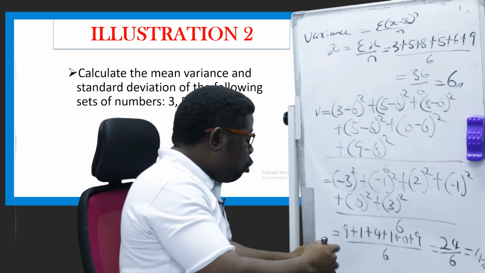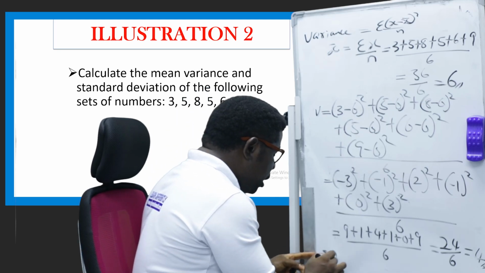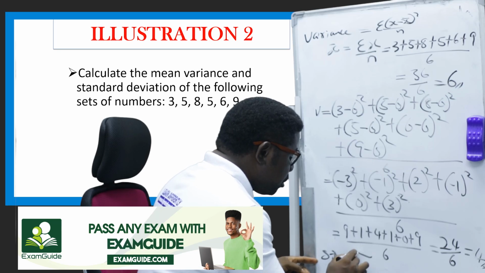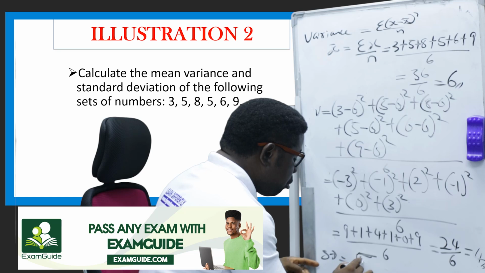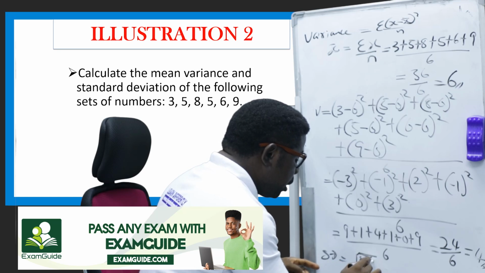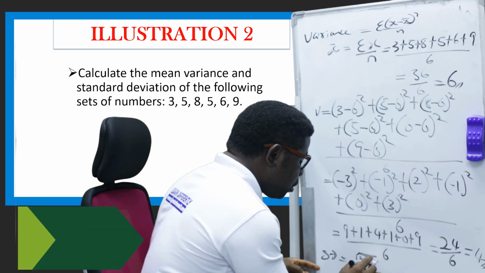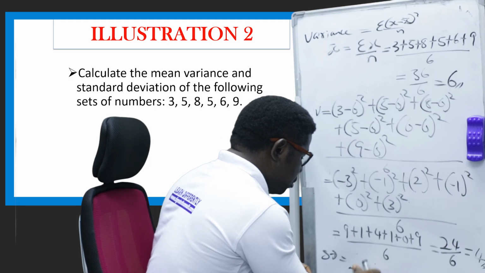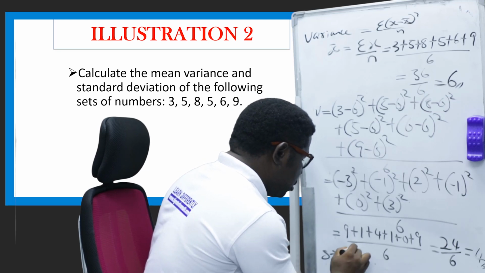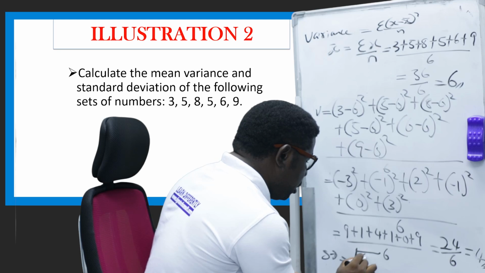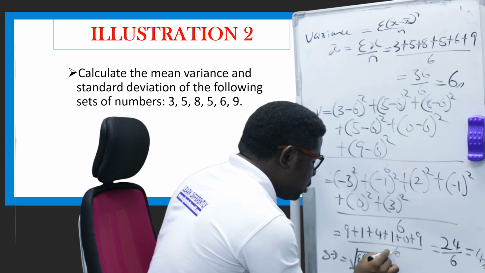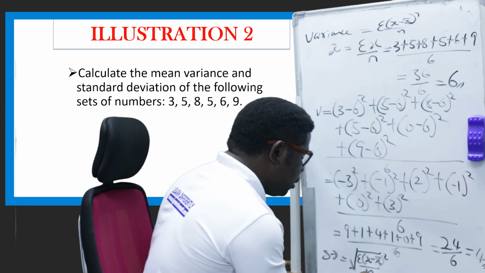The standard deviation is the square root of the variance, which is the square root of the summation of (x minus x bar) squared over n.